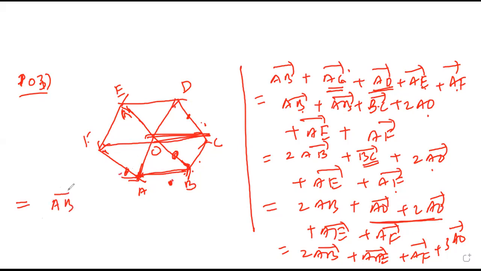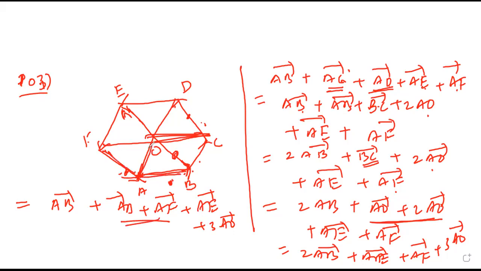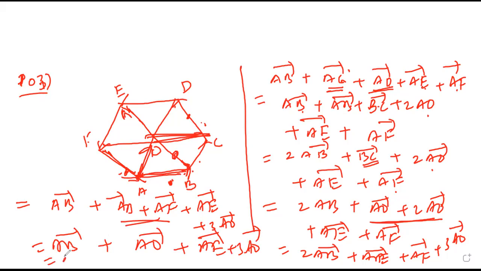So 1 AB plus 1 AB plus AF plus AE plus 3 times AO. Now AB plus AF is AO, na? AB plus AO plus AE plus 3 AO. So it is AB plus AE plus 4 AO.